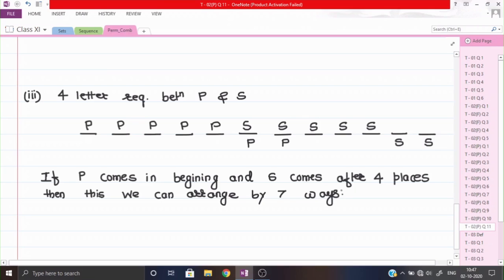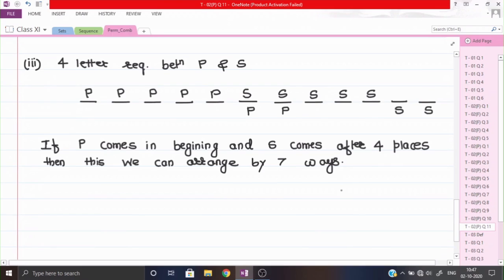Similarly, here they didn't say that P should come in the beginning and S should come after the 4 places.